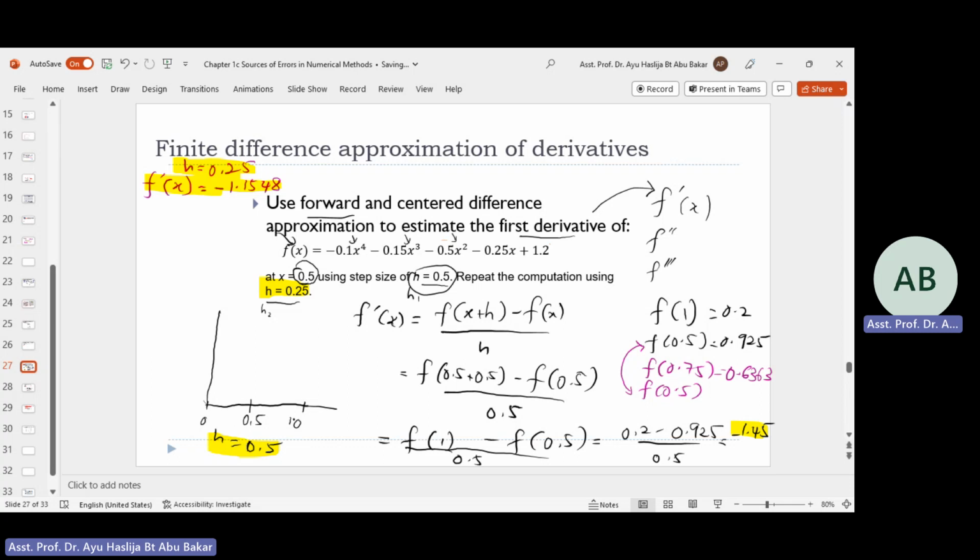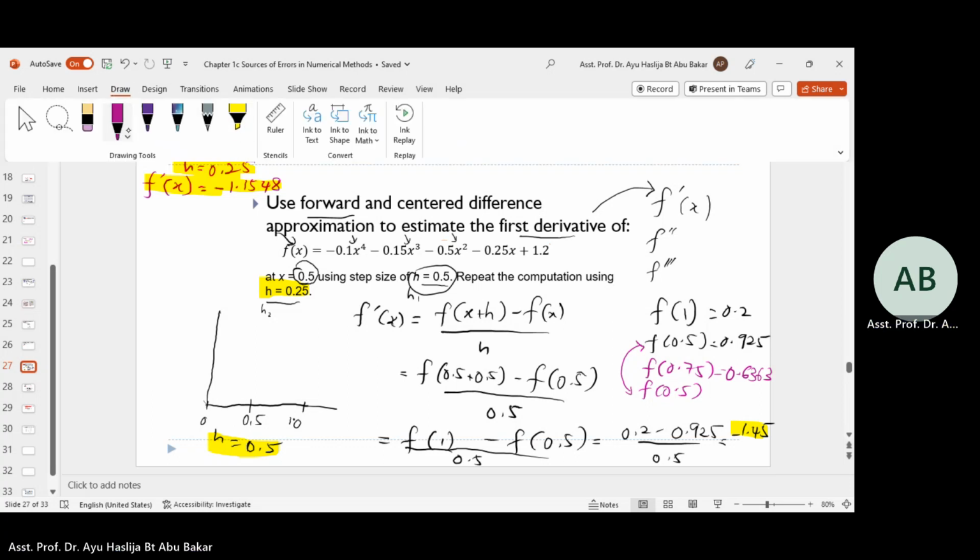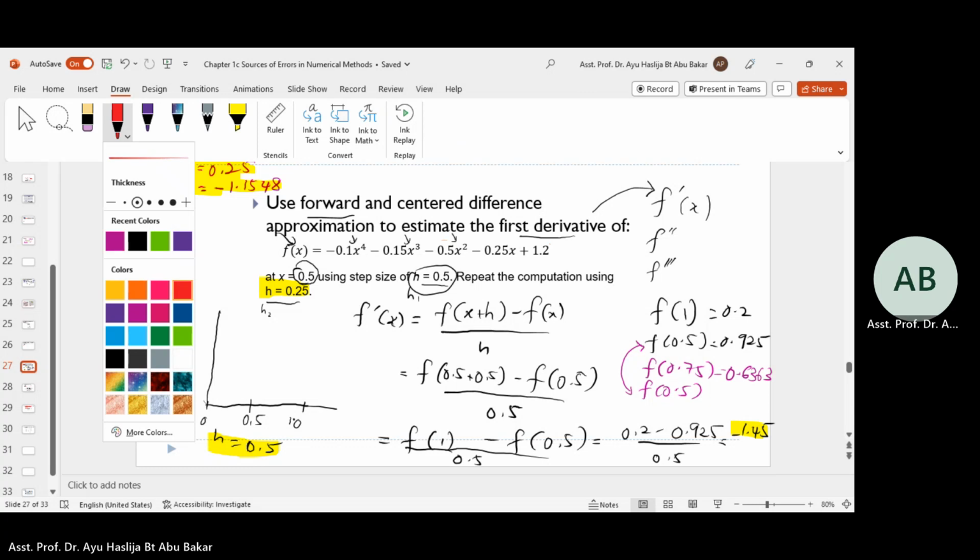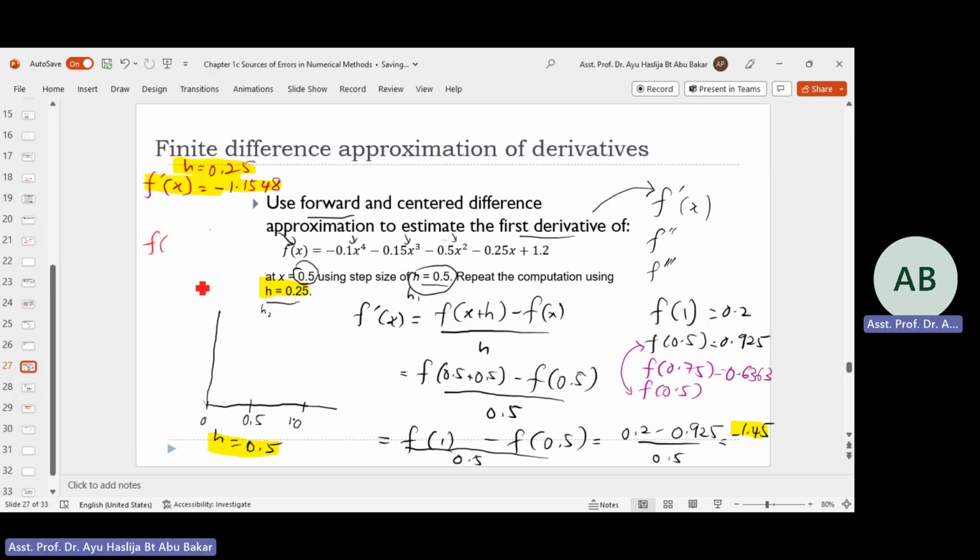Okay, how to calculate the true error over here? True error, true value minus approximate value. What is the true value over here? Correct. Why 0.925 is the true value? Because x equals to 0.5. Okay, f 0.5 is the given value over here.